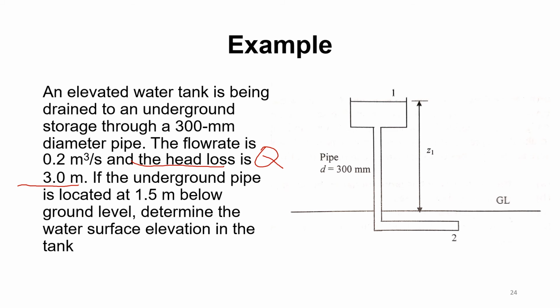If the underground pipe is located 1.5 meter below ground level, so this one is below the datum 1.5 meter, determine the water surface elevation in the tank. So we need to find the elevation of the tank.